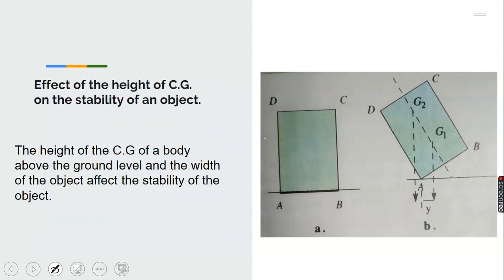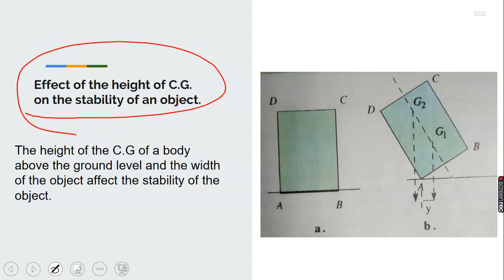Now, effect of height of center of gravity on stability of an object. The height of the center of gravity of a body above the ground level and the width of the object affect the stability of the object. Now, look at this shape.